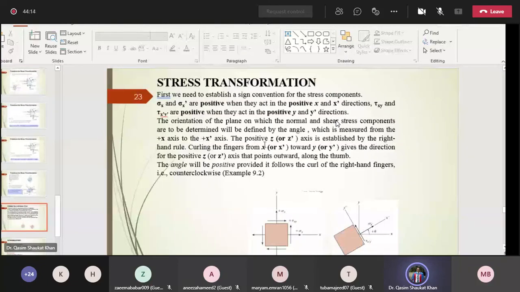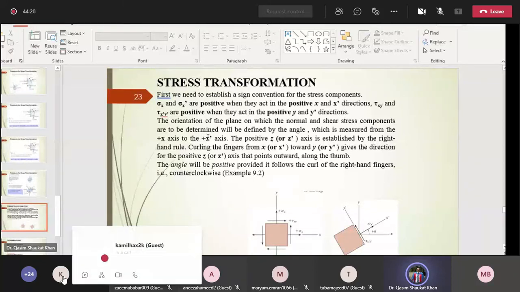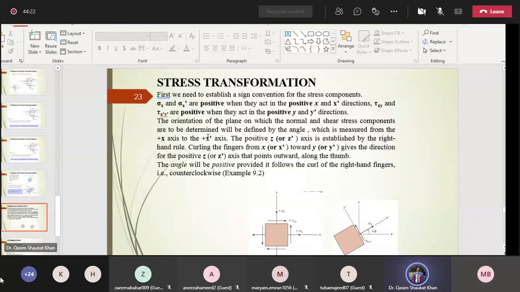Is this point clear? We are also doing the same, measuring the angle from the positive x-axis to the positive x dash axis. Is this point clear?